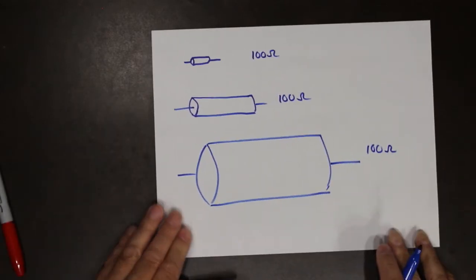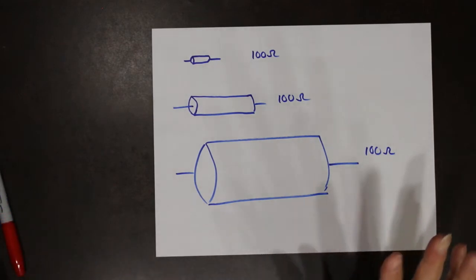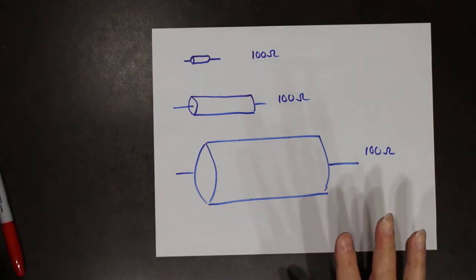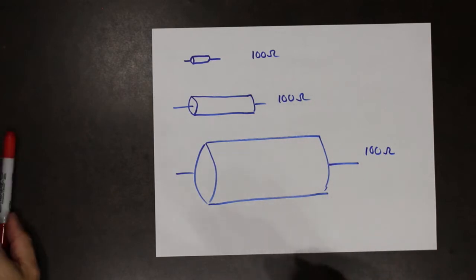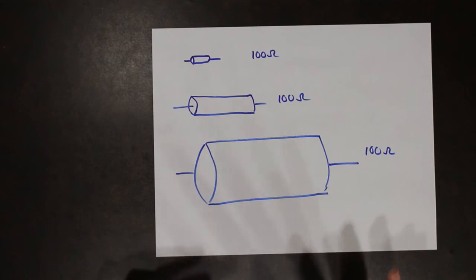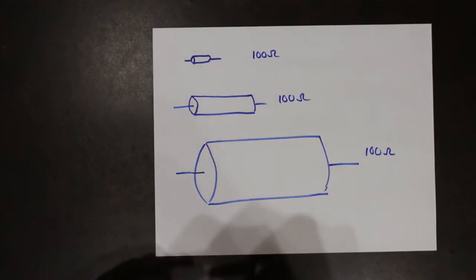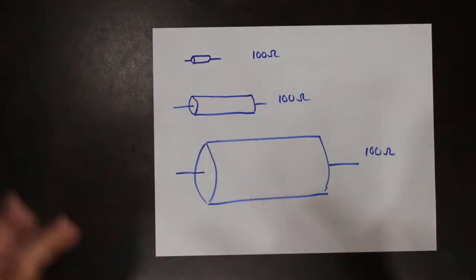The physical size does not have any effect on the resistance, but it has an effect on how much power that resistor can handle. So how much power that resistor can dissipate.